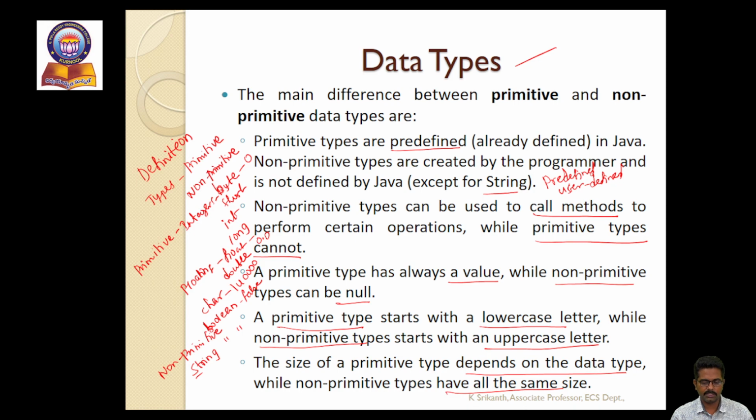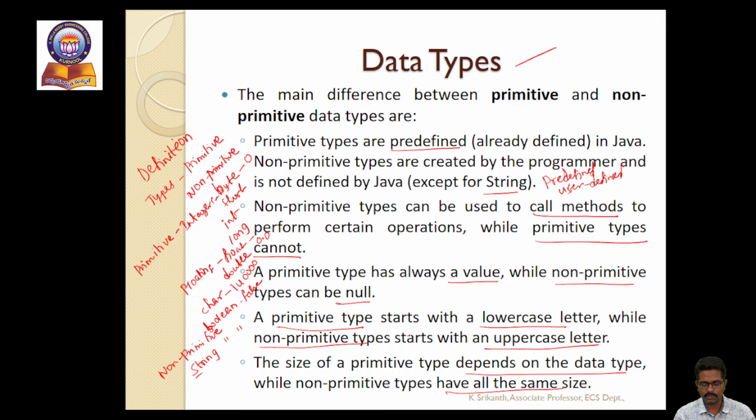And we also saw the difference between primitive and non-primitive data types. The primitive data types are predefined, whereas non-primitive data types are predefined and user defined. Using non-primitive data types, we can call the methods of that particular class, whereas primitive data types cannot be used to call the methods. The primitive data types always have a value, whereas the non-primitive data types can have a value called null.